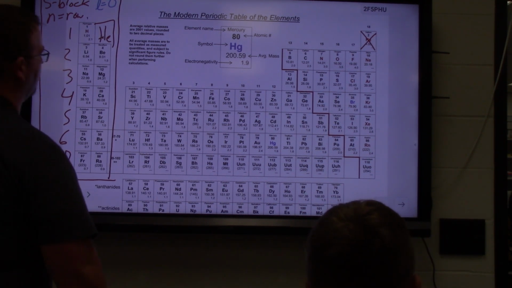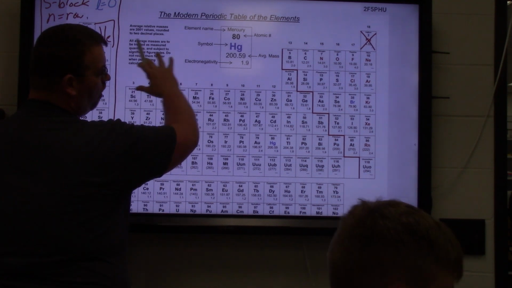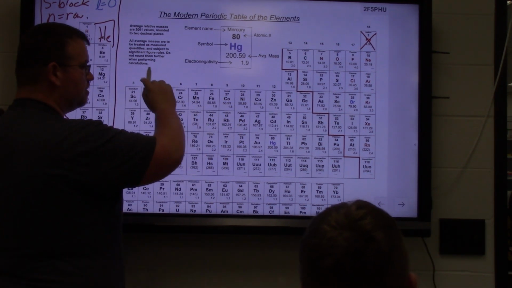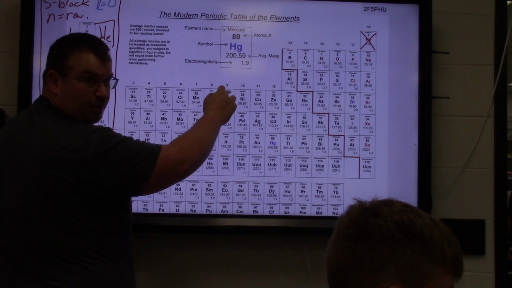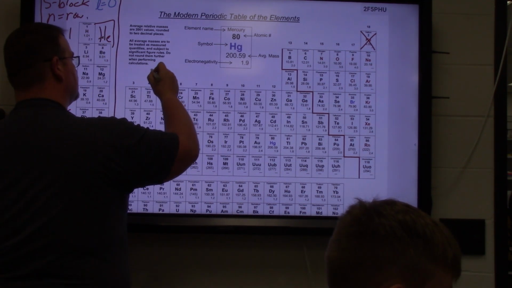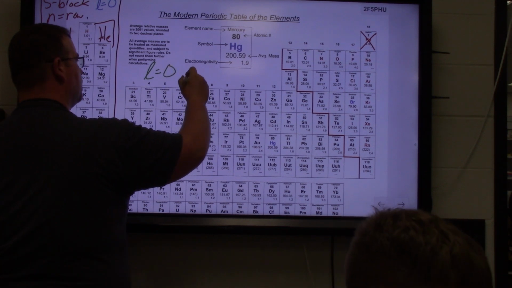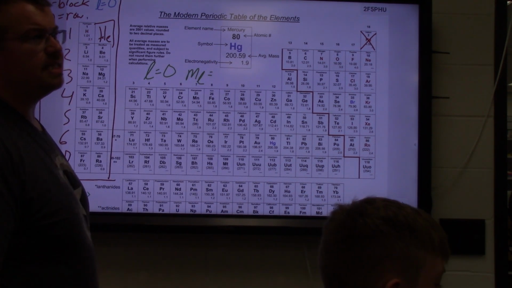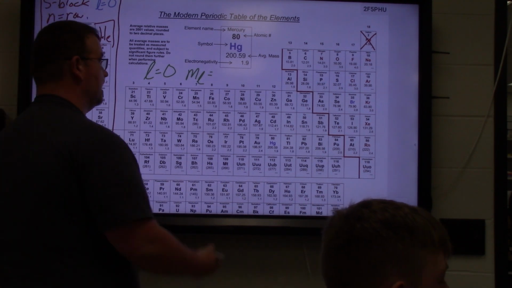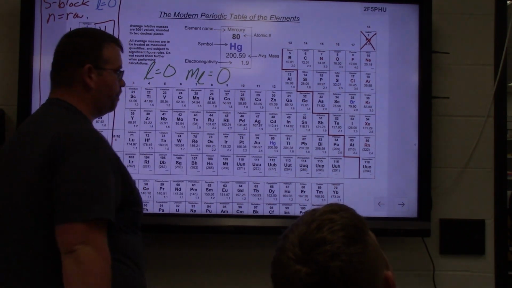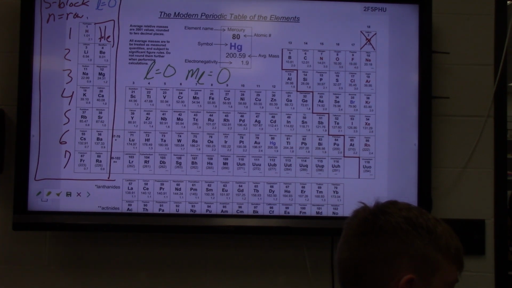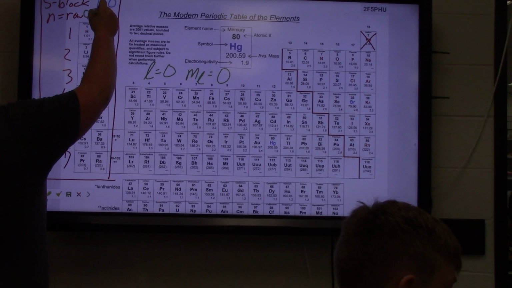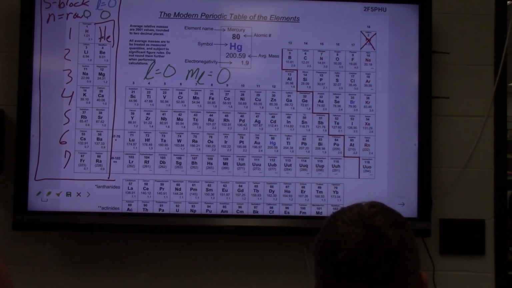Since l is 0, don't write this over D block. Since l is 0, m sub l is what? Its possibilities are negative l to positive l, and l is 0, so that means 0. So column 1 has a 0 orientation, column 2 has a 0 orientation.